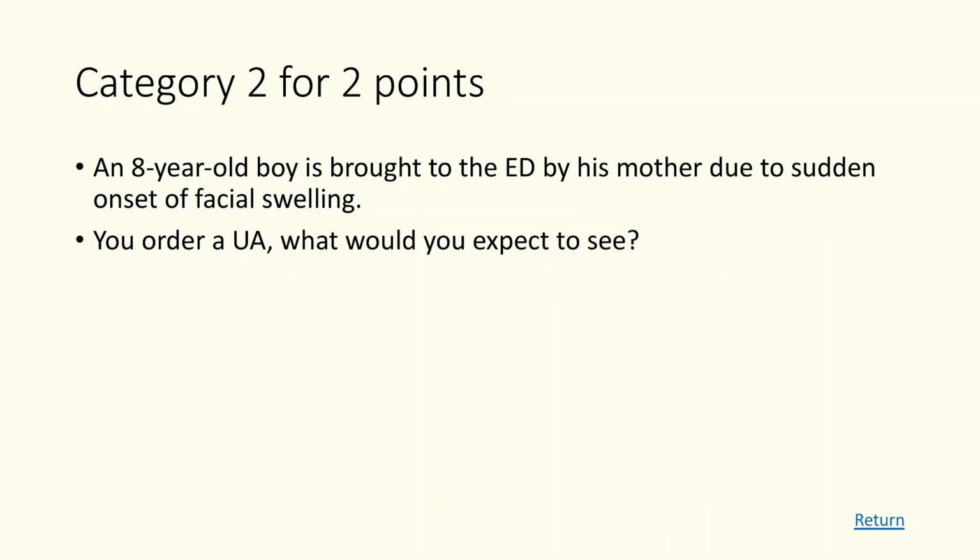Okay, an 8-year-old boy is brought to the ED by his mother due to sudden onset of facial swelling. When you order a UA, what do you expect to see in this patient? Proteins, right? High proteins. Okay, 3+ protein, negative red blood cells, negative white blood cells. So this is just protein being spilled into the urine for this patient.